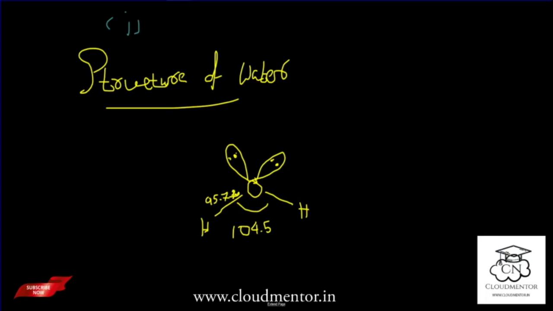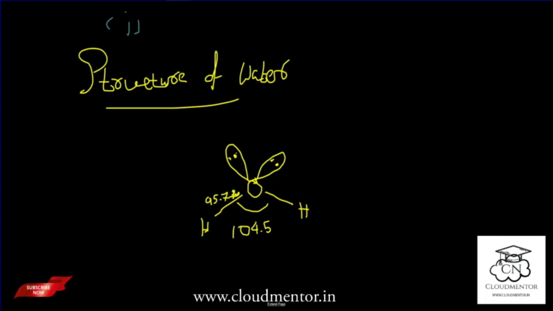And when ice melts, a large number of hydrogen bonds are broken, and the molecules therefore move into the holes or open spaces and come closer to each other than they were in the solid state, and this results in a sharp increase in density. Thus, ice has lower density than water, and there is contraction in volume.